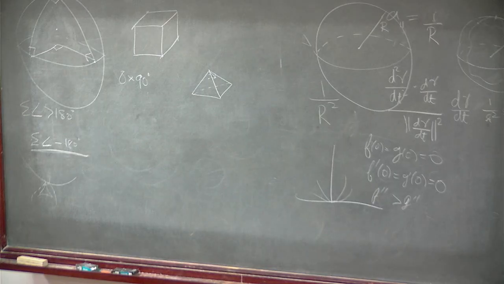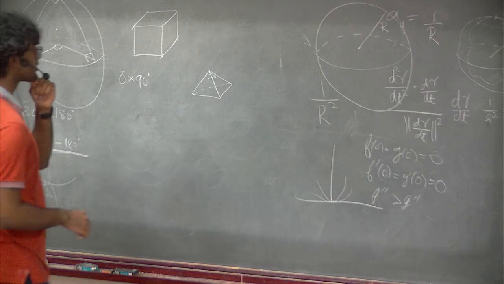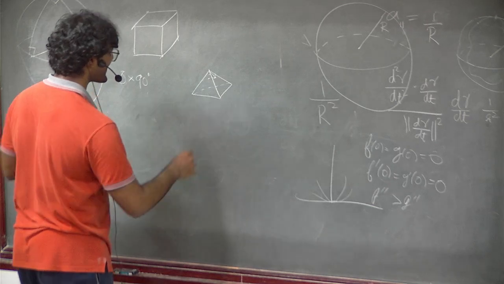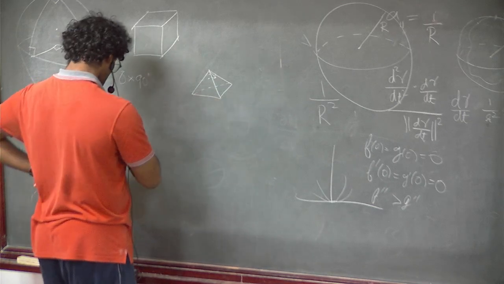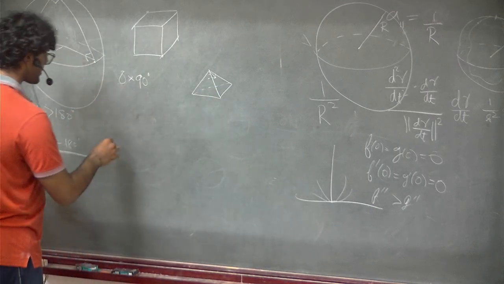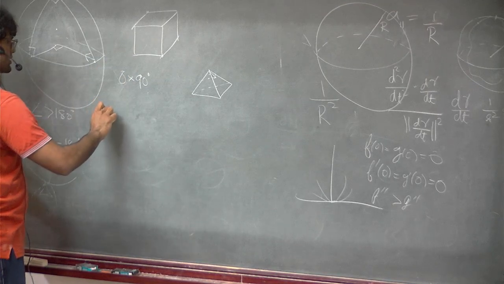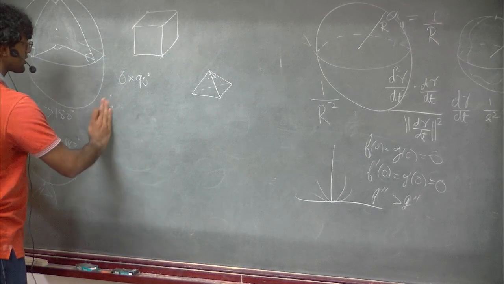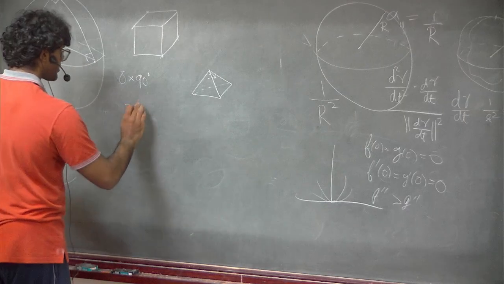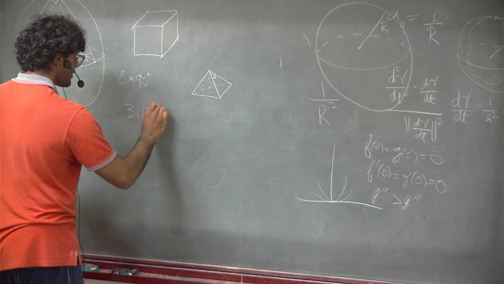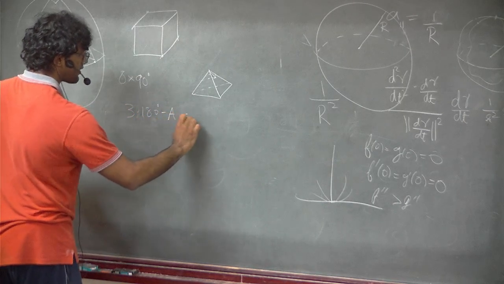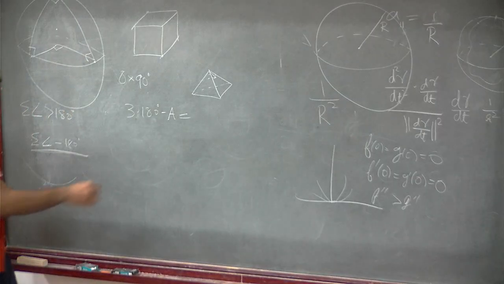Does anyone remember the angle for a tetrahedron? Oh, we had a formula earlier in terms of A, right? So it was 3 times 180 minus A, which was the sum of our angles, was our angle sum.